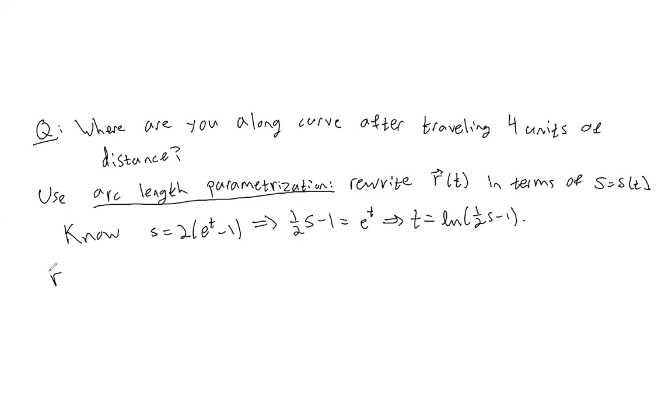So r of t, in other words, r of ln 1/2 s minus 1, this is the arc length parameterization. What's that going to come out to?